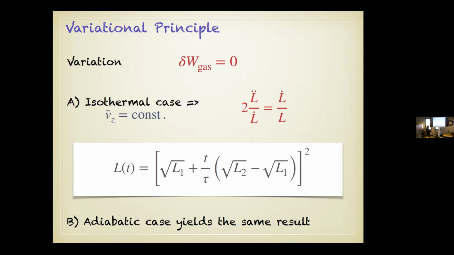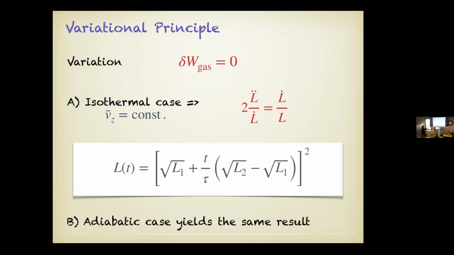And then it turns out that I get this differential equation with this solution. So basically I have to accelerate linearly. That would be the optimal path that produces the least irreversible work.